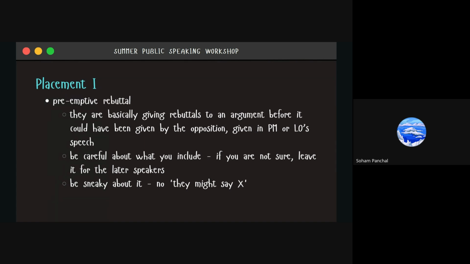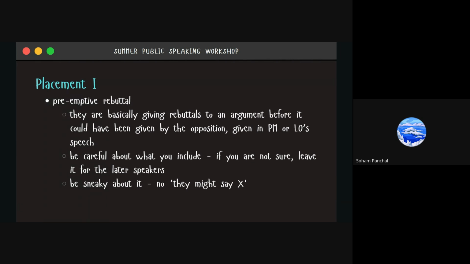And also do not be very direct, saying that the opposition case or the proposition case might come up and say something, say X. You should not provide preemptive rebuttals like that, because in the judge's impression those rebuttals do not stand. If you are not sure that they might say this or that, the judge will think you are not sure about what the motion is, or will not get a clear image of that rebuttal from you.